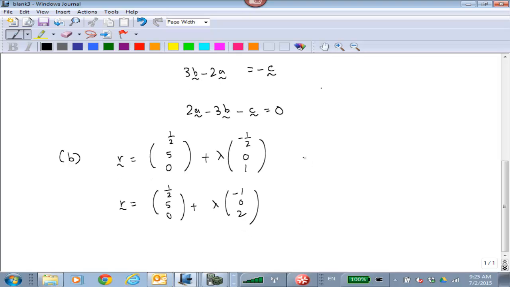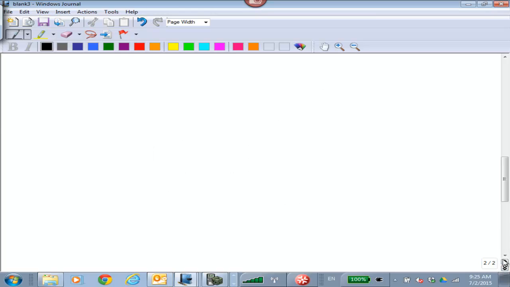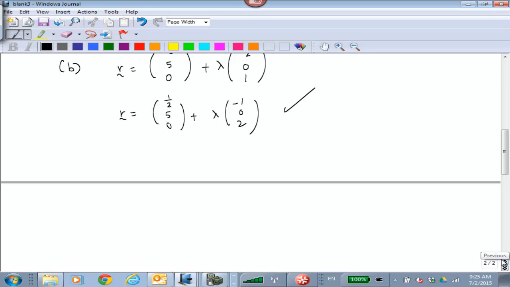So good. I have the equation of the line to work with already. So how to continue? By the way, all of you take out the GC as well, to show that the point of intersection between this and this is minus 24, 5 plus 49. If I don't want to do anything, I just do this: the equation of the line is equal to the equation of the plane.